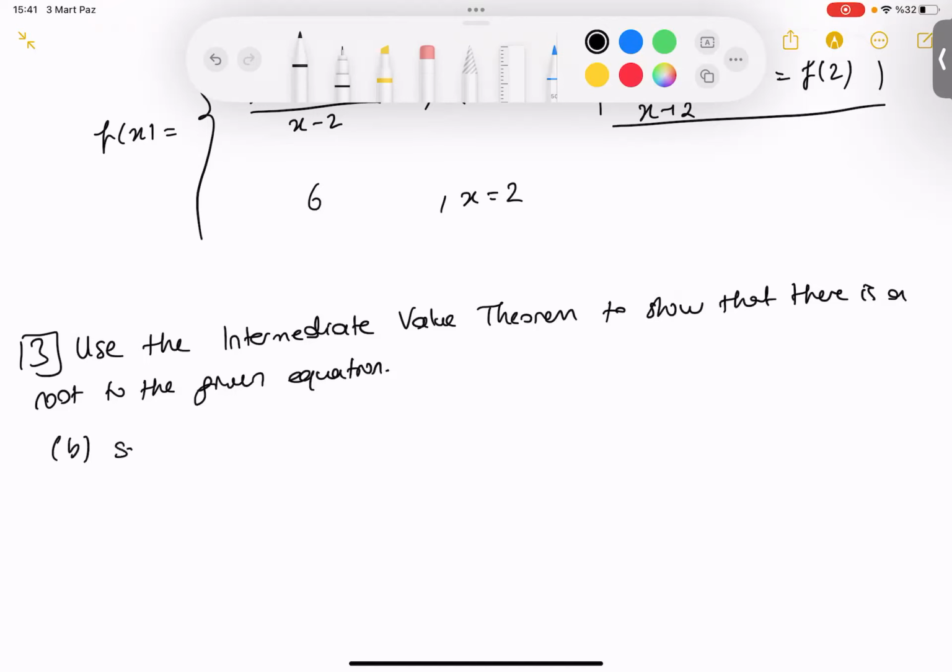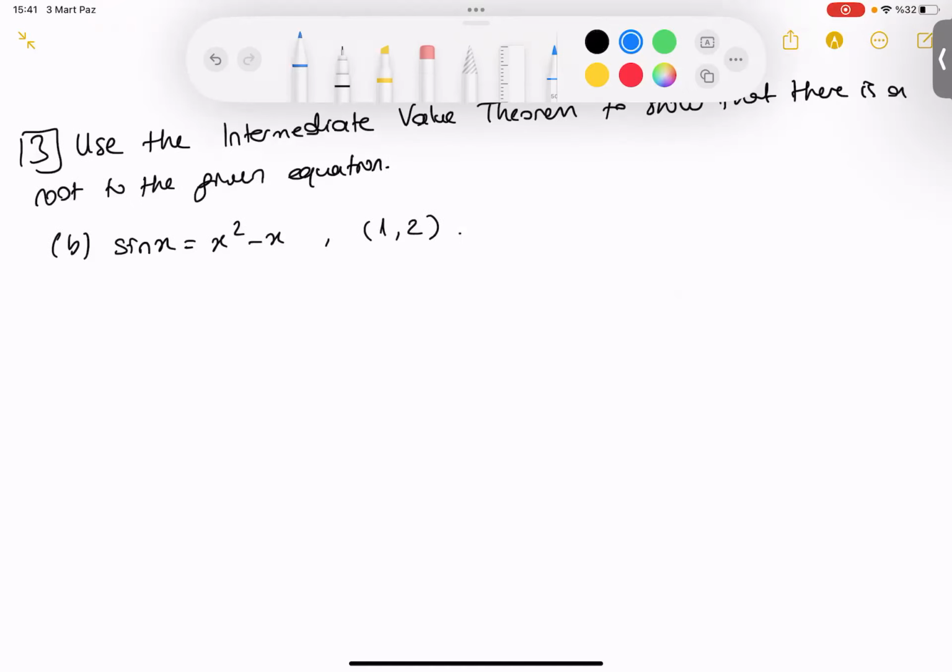All right, for this question, we will determine if the given equation has a solution or not using the intermediate value theorem. The interval we will check is [1, 2]. Now let f of x be this function, sin x minus x squared plus x.